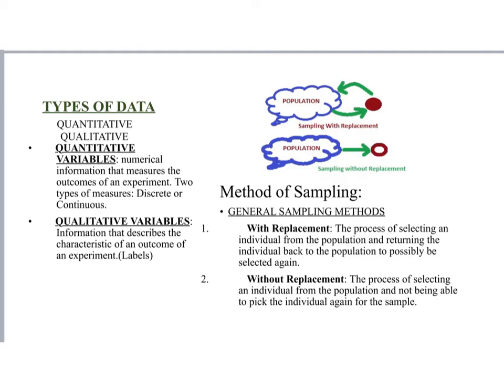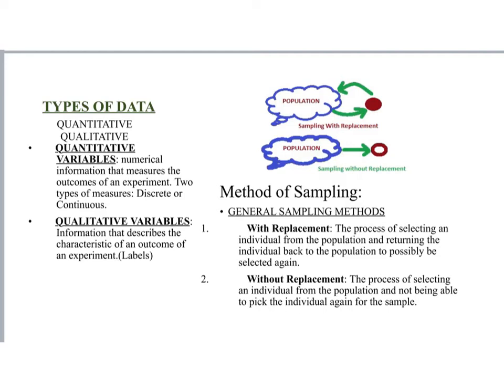So, the methods of sampling: from a population, we can sample with replacement, where we take a unit from the population and then return it to the population for further sampling, or we can have sampling without replacement, where we take a unit from the population and we do not return it to the population.